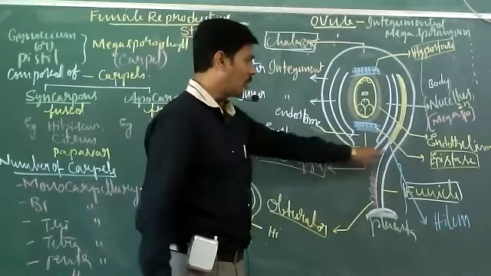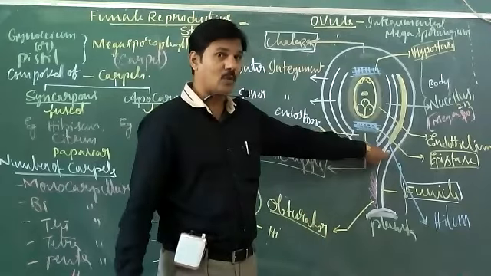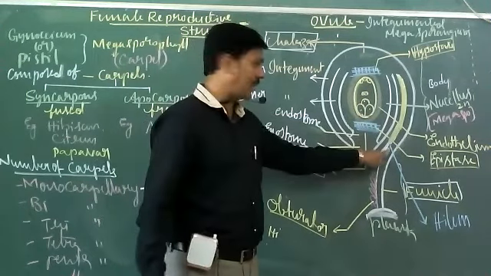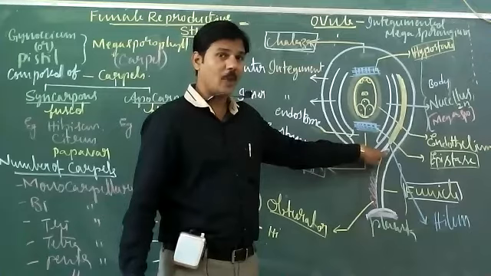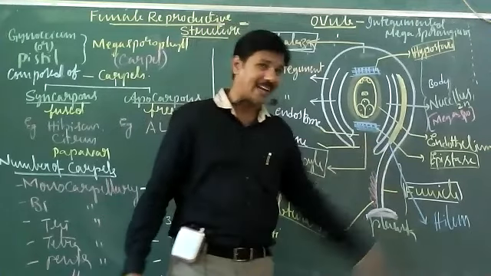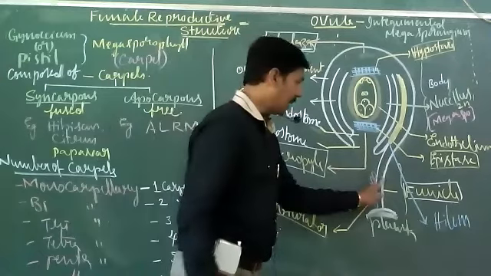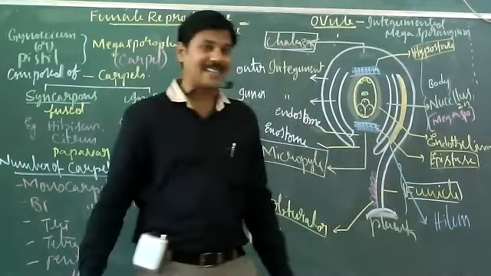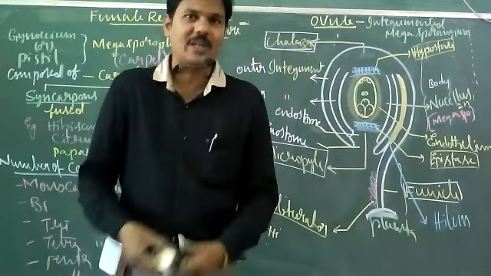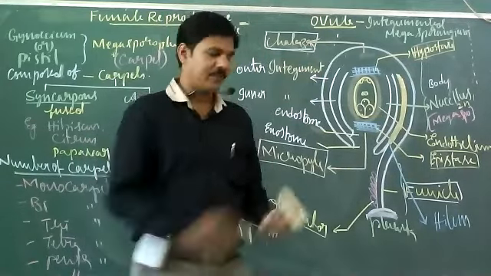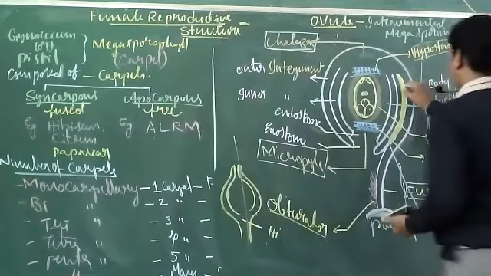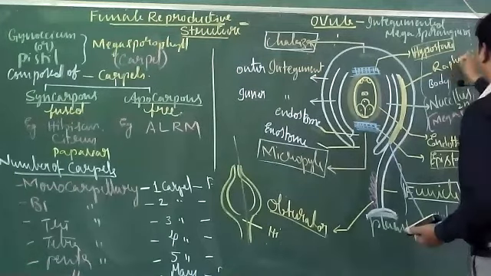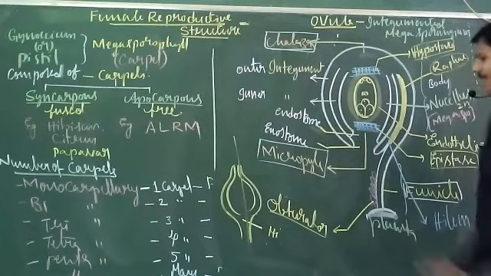In the inverted ovule, the body and funicle connect here. It is the point of attachment, called the hilum. Now, this funicle is extended. The extended region of the funicle is called the raphe.